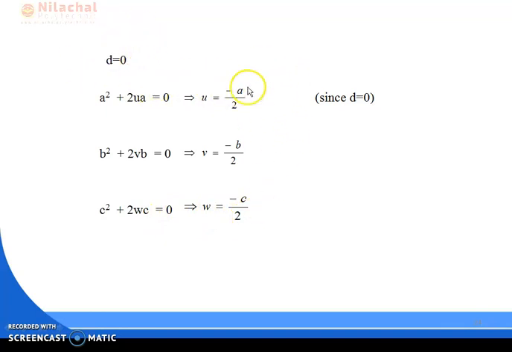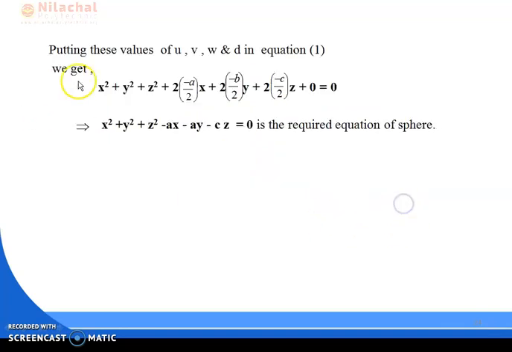We got it. Then we just put these values into the equation. u equals minus a by 2, v equals minus b by 2, w equals minus c by 2.